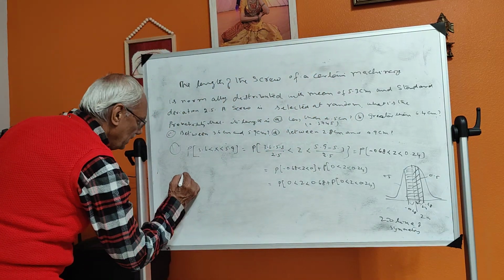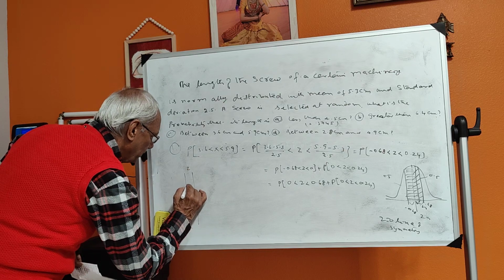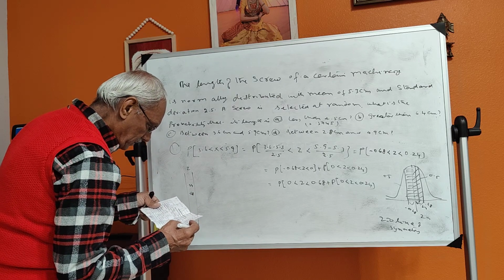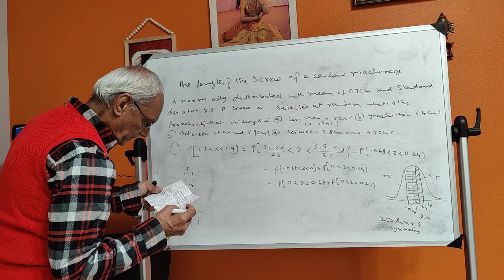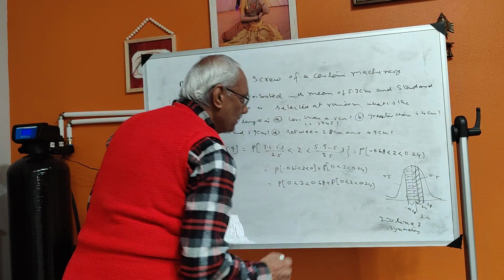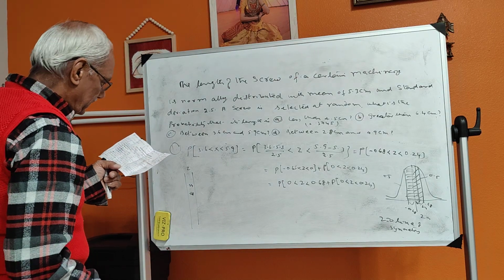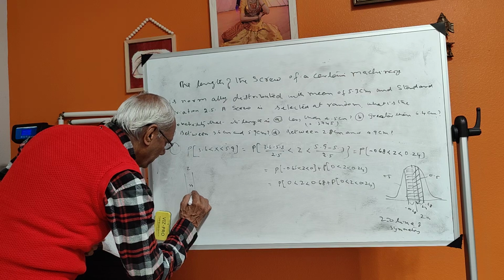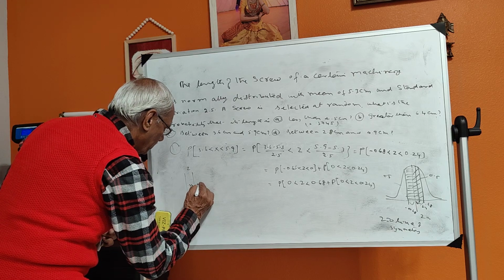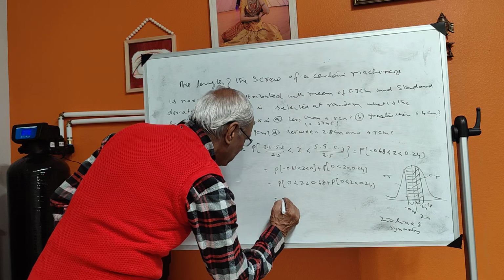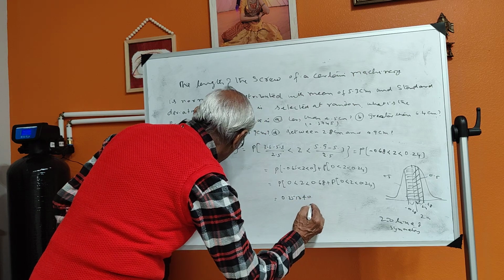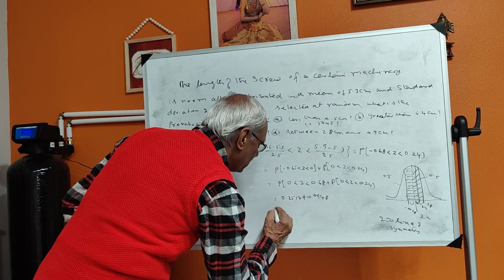So what you will get here is, for 0.68, 0.2517, and for 0.24, 0.0948. So this is equal to 0.2517 plus 0.0948.